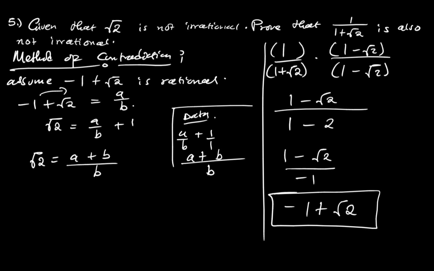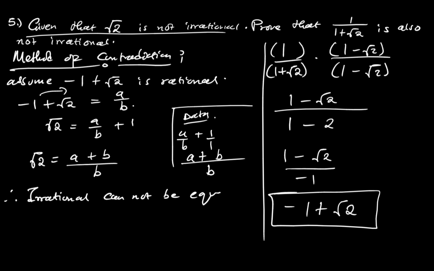Remember, I did make mention that this guy is equal to something rational. So regardless of what I'm having on this side, remember this side is rational. Now root 2 in the statement is given as not rational. So irrational, which is root 2, cannot be equal to rational, which is a plus b over b.